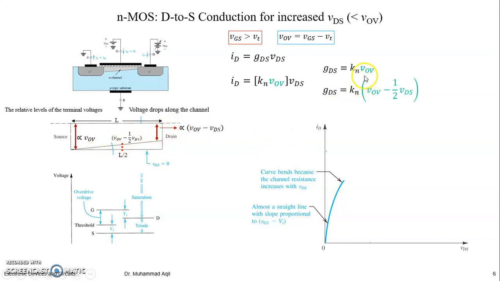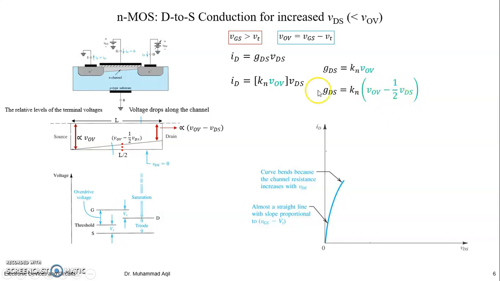So now I can use, instead of VOV, VOV minus half VDS, because your conductance is actually the conductance parameter multiplied by the depth of the channel, which is the potential for which the depth is introduced. The depth is not linear, it is varying in nature, so we have to put a best relation.